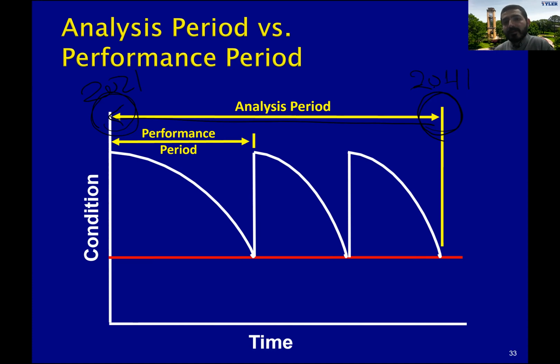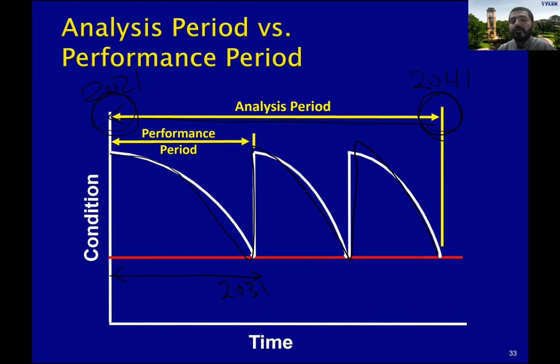Within the analysis period, I may have multiple applications of different rehabilitation techniques to keep me going until the end of the analysis period, if that makes sense. As a new construction, I'm going to have a brand new road. It's going to last, let's say, until 2031, for 10 years.